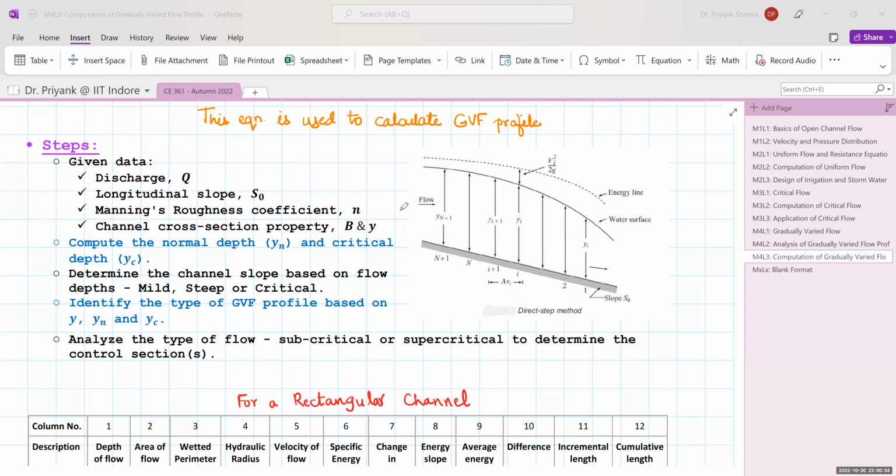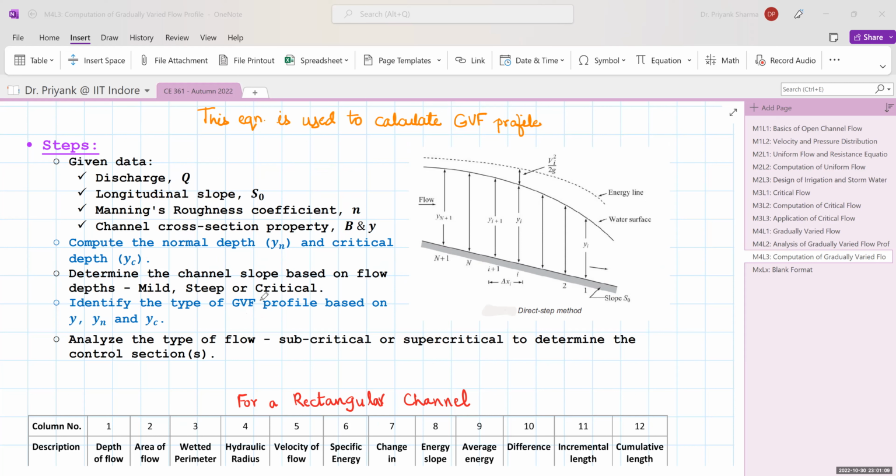First step is to compute the normal and critical depth. Based on that, you can find whether the slope of the channel is mild, steep or critical. Then you can identify whether the GVF profile is occurring in a subcritical or supercritical flow. Let us say you identify a mild slope channel. Based on the Froude number you can also identify the flow, so let us say the flow is subcritical. For mild slope and subcritical, there are two combinations, in the first zone or the third zone, so M1 or M3.